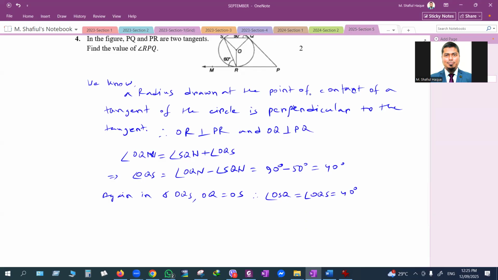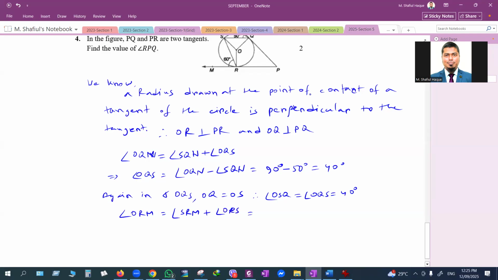Then again, angle ORM is equal to angle SRM plus angle ORS.